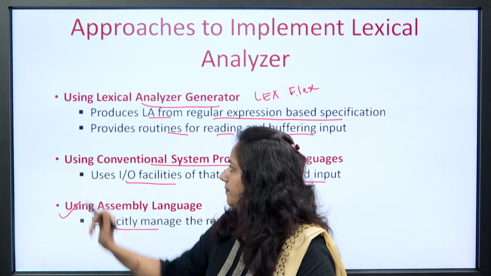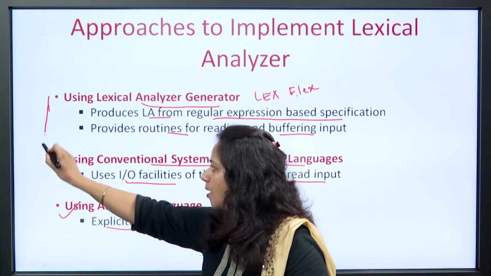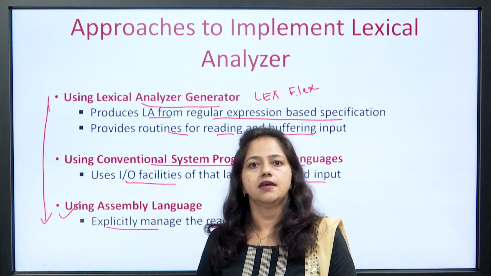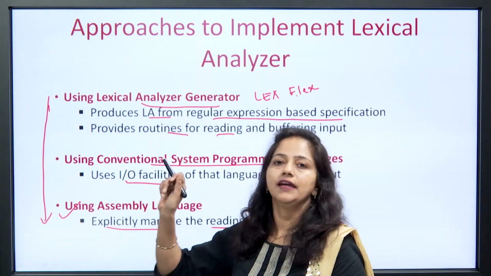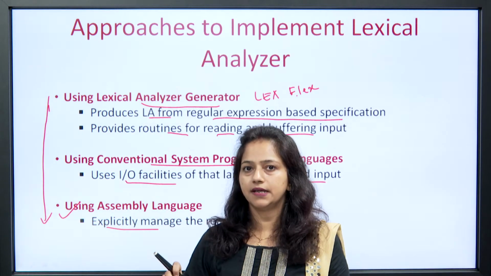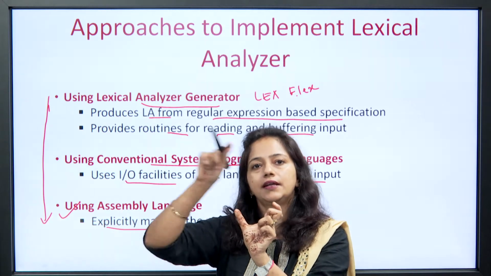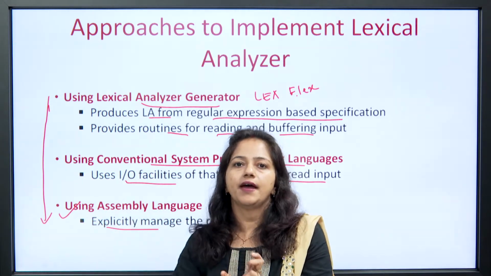So, we know there are 3 approaches, and as we move from top to bottom, the implementation difficulty increases. If we implement the lexical analyzer using the lex tool, it will be the easiest for the implementer, because we will directly write the regular expression and the tool will take care of the creation of the transition table of the finite automata.